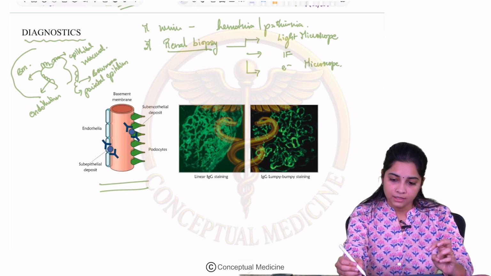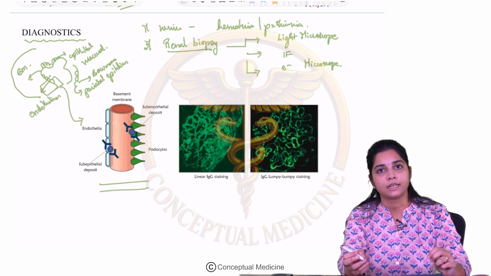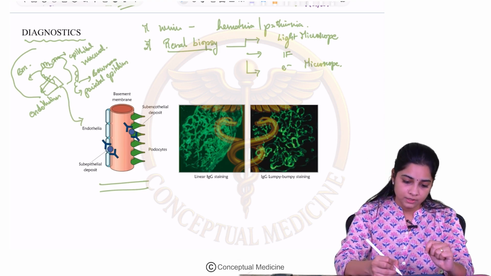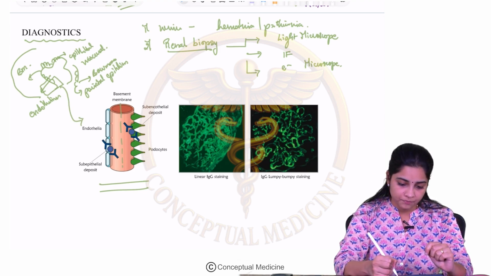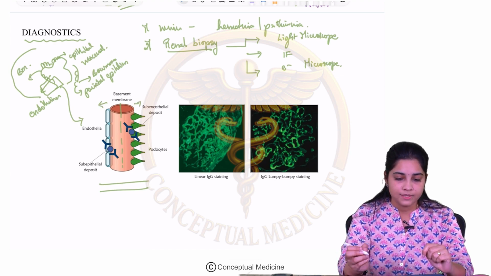If you take this portion and enlarge it here, this is what we are looking at. This is your basement membrane. This side is your endothelium of the glomerulus, and this is your visceral epithelium.